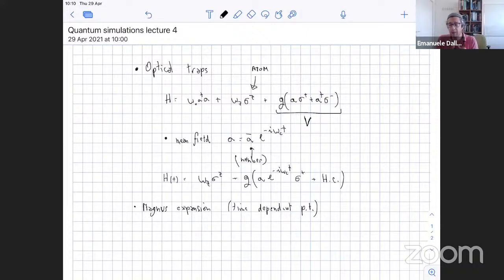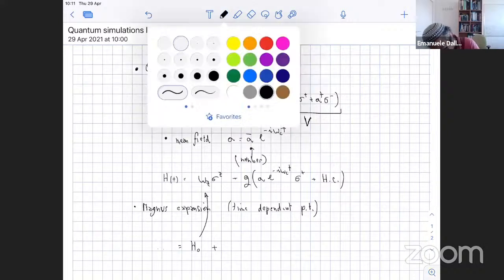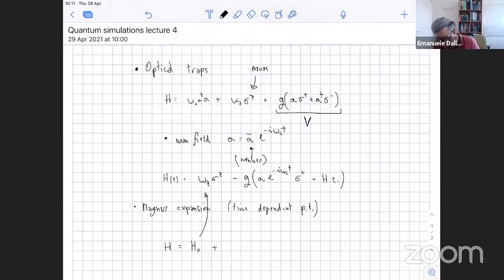So you think of the Hamiltonian itself, and you say, well, the unperturbed Hamiltonian, so this H of t, should be some H0. In this case, H0 is just this omega z sigma z. So this is the unperturbed Hamiltonian plus a number of terms. Actually, the goal is to transform this Hamiltonian into a time-independent Hamiltonian, which we can call H effective.